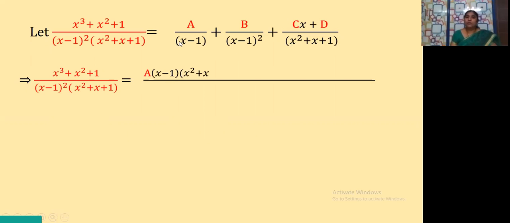Okay, here (x minus 1) whole square is there, so with one more (x minus 1) term we have to multiply this into the other factor, that is a into (x minus 1) into (x square plus x plus 1), plus b into (x square plus x plus 1), plus (cx plus d) numerator into this (x minus 1) whole square. Here you have to be careful, children, because if you don't put the brackets for cx plus d, then the (x minus 1) whole square term will be multiplied only with d.